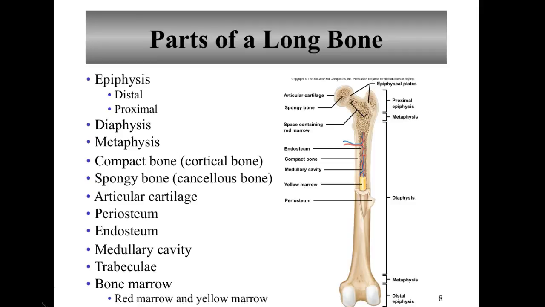Then you have the periosteum, and basically that is going to be described as that area of the bone where you're going to have that dense, fibrous connective tissue that is going to surround that outer surface of bone. You also have an inner layer of osteogenic tissues that is composed of both osteoblast and osteoclast cells.